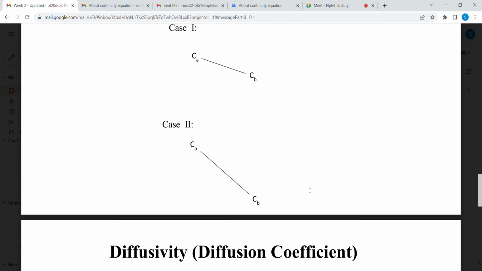So the kinetics of the process is governed by rate laws. You should be aware of this by now. I'm not going to go into that.